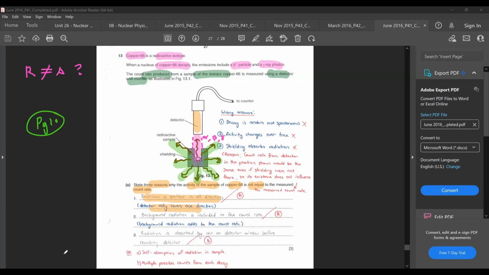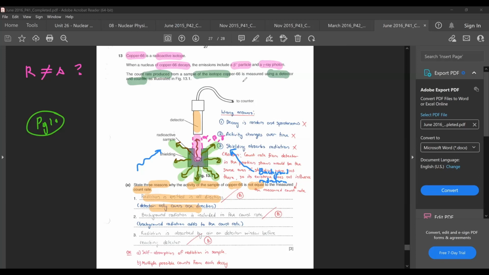Okay. And then the next one that you can probably say also is the fact that your sample may not be the only radioactive source here. There could be other radioactive sources around you in the form of background radiation. So you could also have background radiation, which is contributed by other radioactive sources.